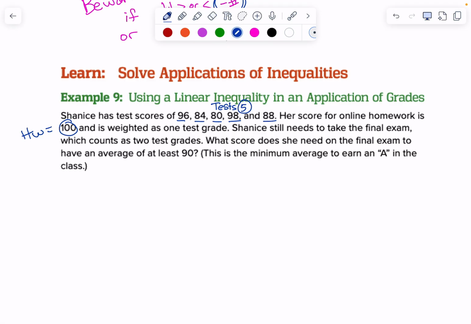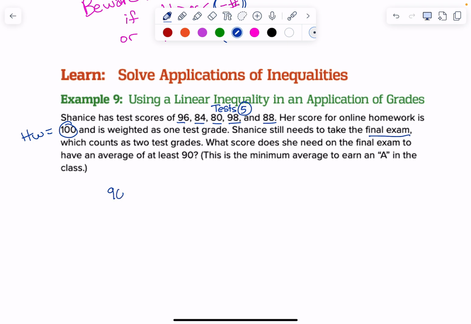6, right? I add all of those together, divide by 6, and get an average. But now she still needs to take the final exam, which counts as 2 test grades. So now I have 8: a 96, an 84, an 80, a 98, an 88, a 100 for my homework grade that counts as 1, and then 2 test grades.